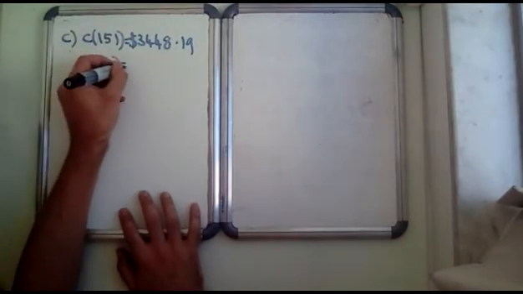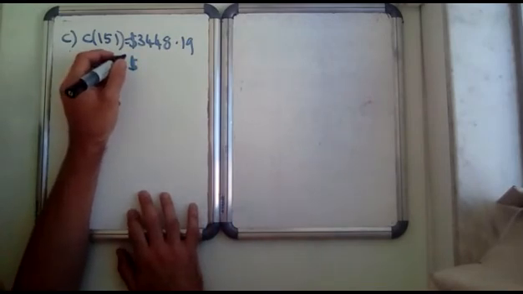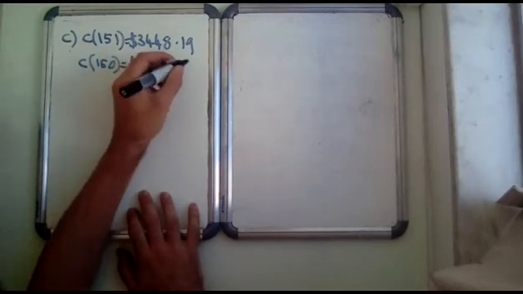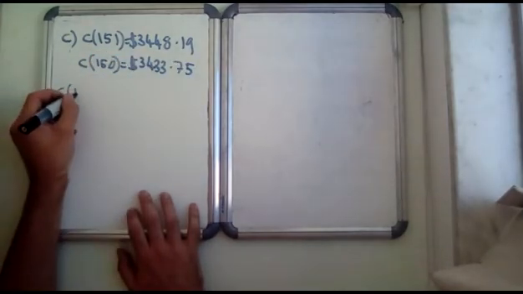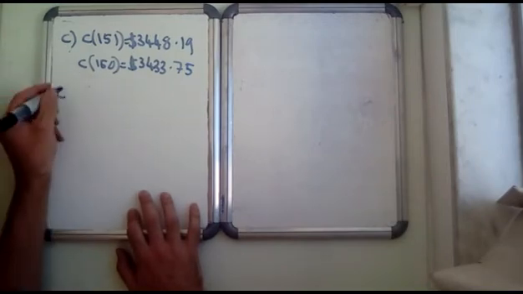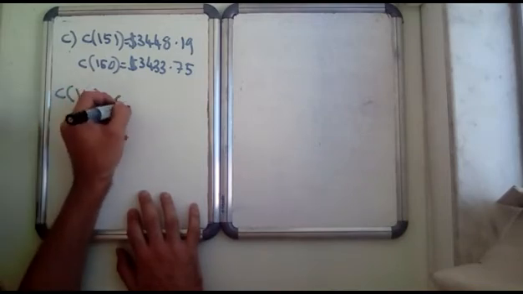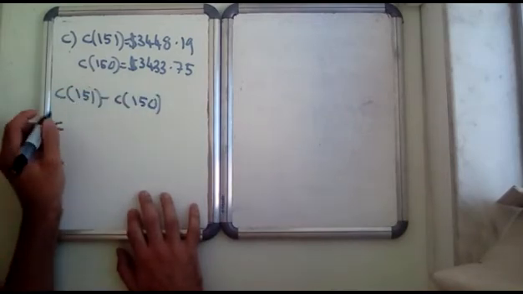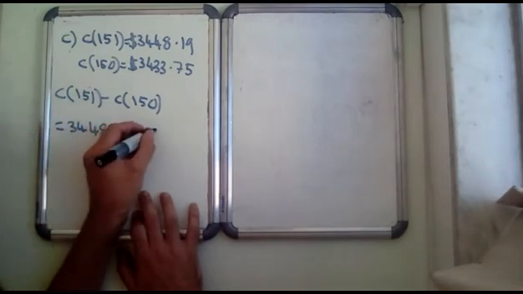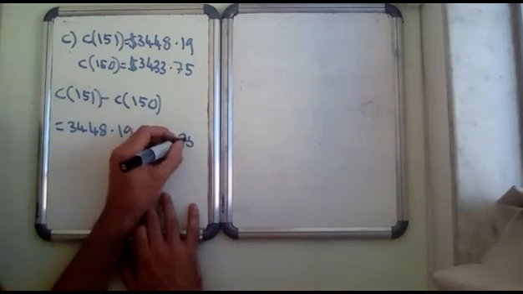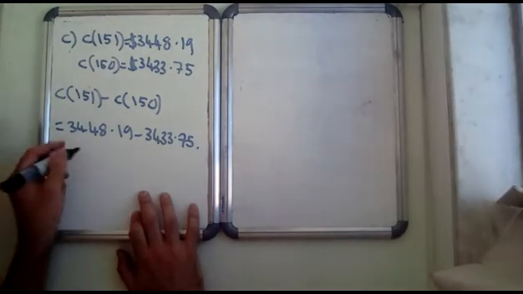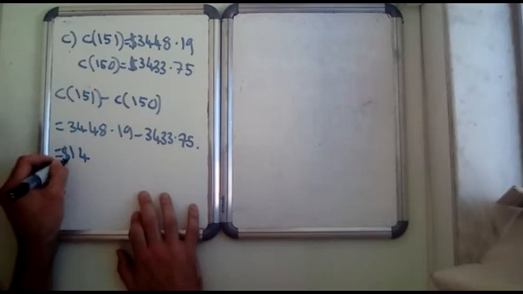C(150) should be 3433.75. So C(151) minus C(150), you just subtract these numbers, equals 3448.19 minus 3433.75, and that gives us an answer of $14.44.